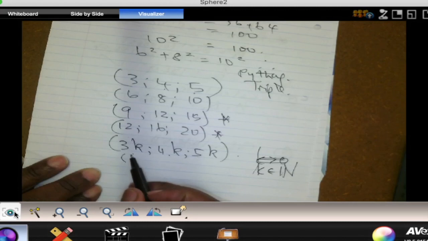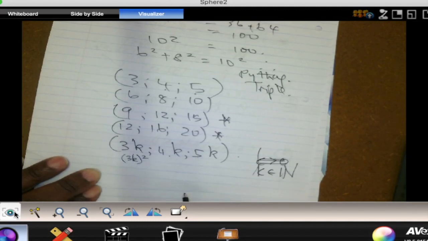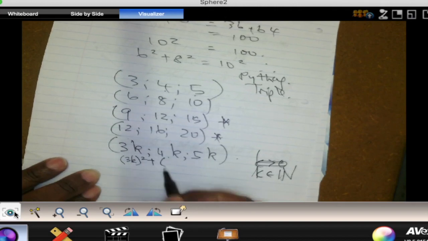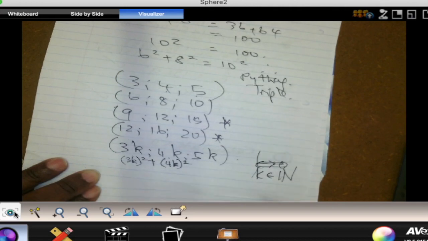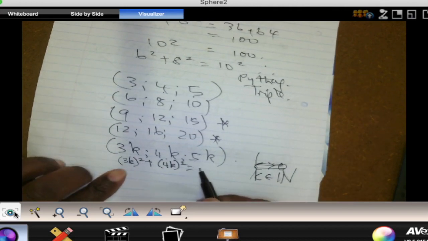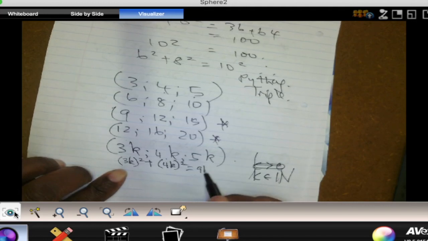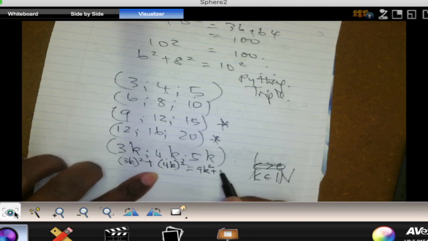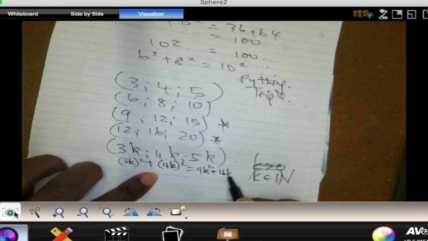We take the shorter side, right? Which is (3k) squared, correct? Please write it in brackets. So that is (3k) squared plus (4k) squared. So we need to simplify this one first. Right, what is (3k) squared? That should be 9k squared, right? And (4k) squared should be 16k squared, correct?